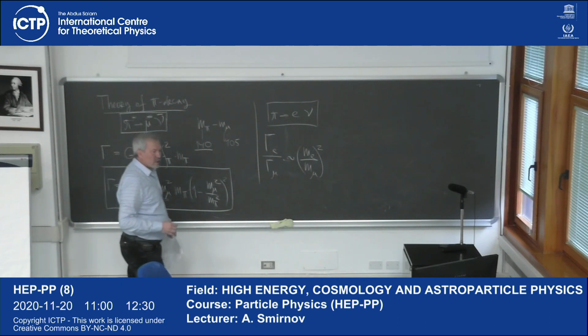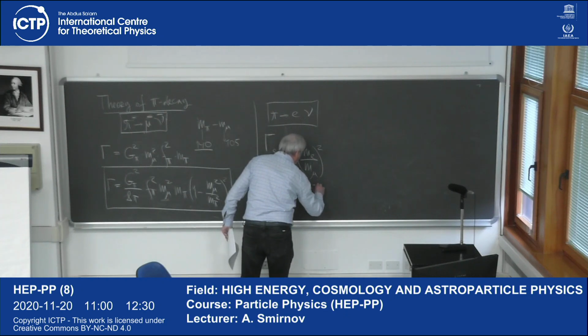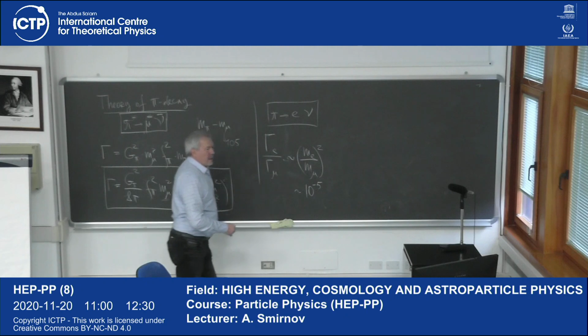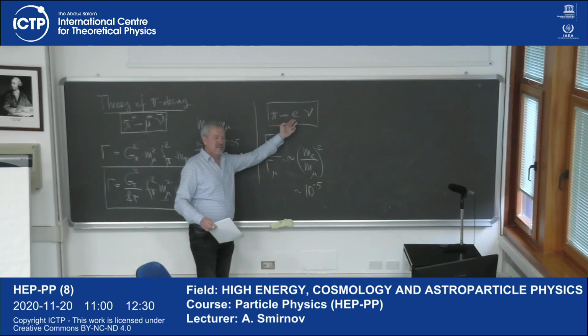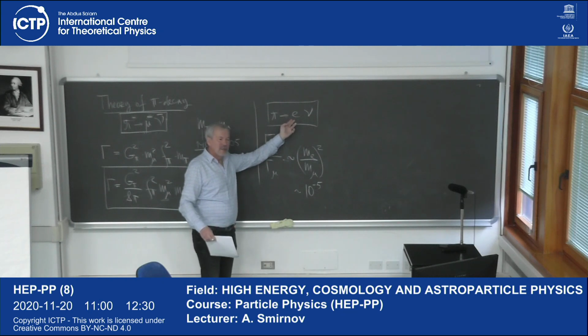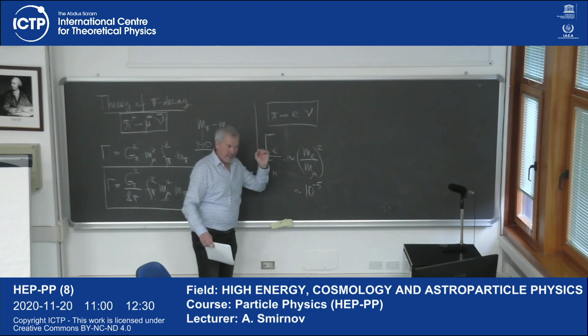And this is 5 orders of magnitude, so that is 10 to the minus 5. Which means that in spite of the fact that the electron is much lighter than the muon, this decay is strongly suppressed. It is suppressed by the ratio of masses of electron and muon squared.